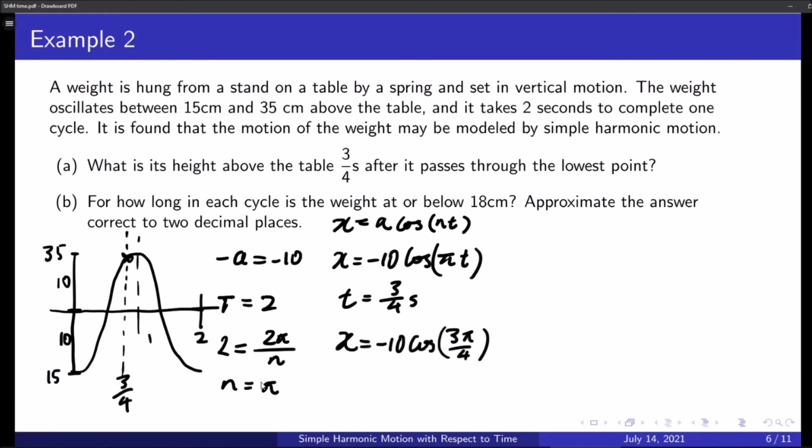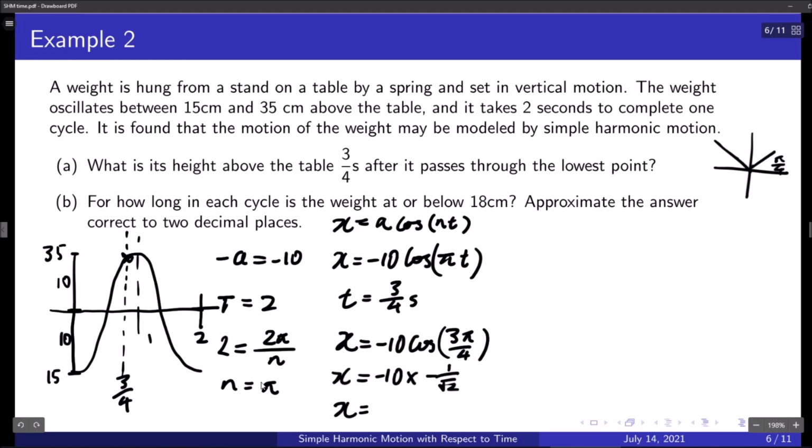And that just gives us negative 1 over root 2. So x equals to negative 10 times negative 1 over root 2. So x equals to 10 over root 2.